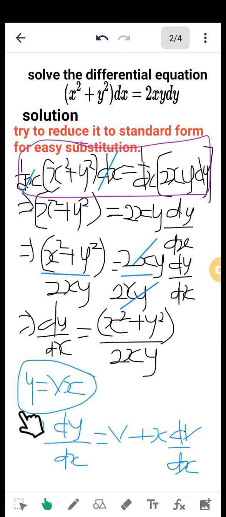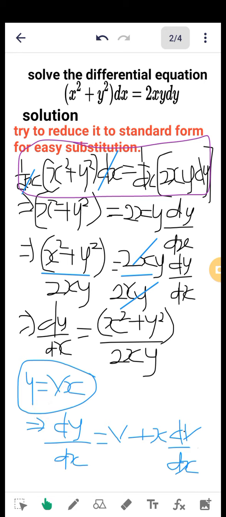Okay, so we make this substitution for a homogeneous equation: y is equal to vx. We should always keep this in mind when we encounter a problem with a homogeneous form like this equation. By the product rule, we can differentiate y equals vx.